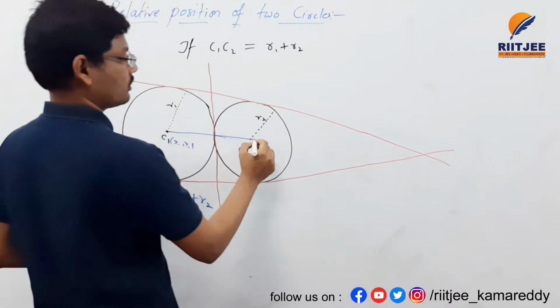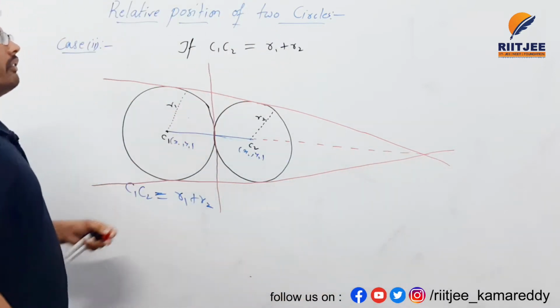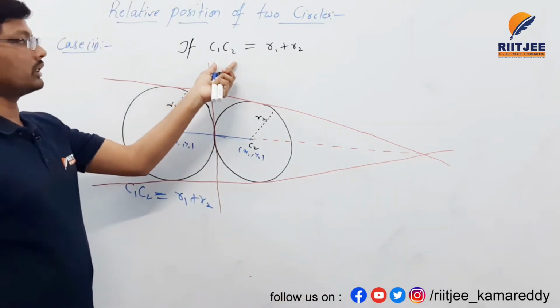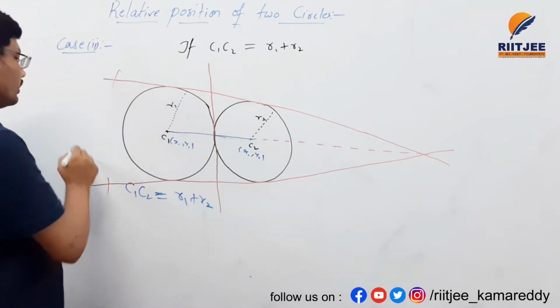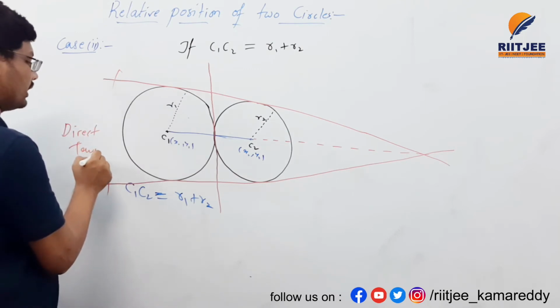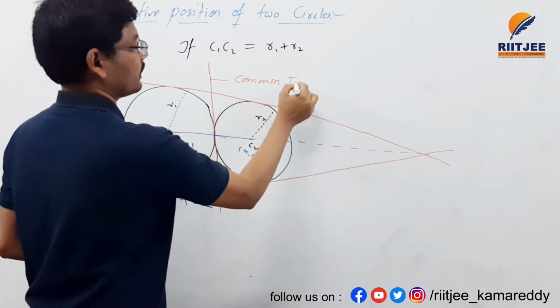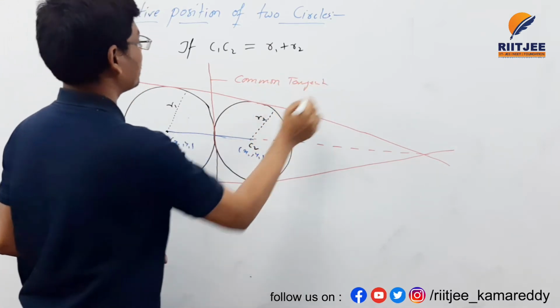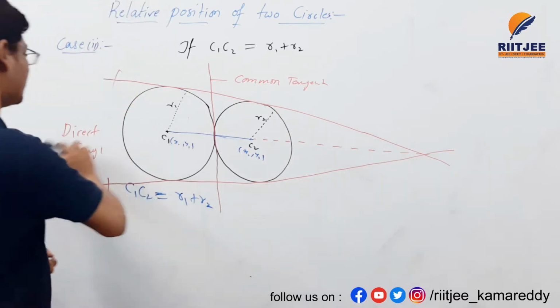Here if you draw like this, when C1 C2, the distance between two centers is equal to sum of two radius, two direct tangents are possible, and one common tangent is possible here. This is all about the case number 2 here, and the case number 3 here.